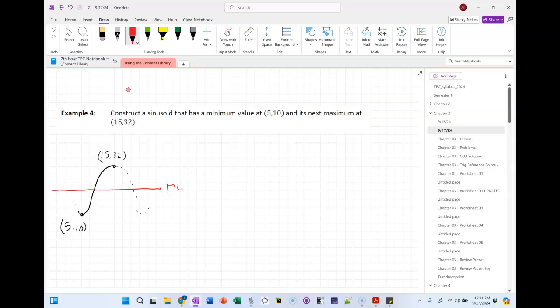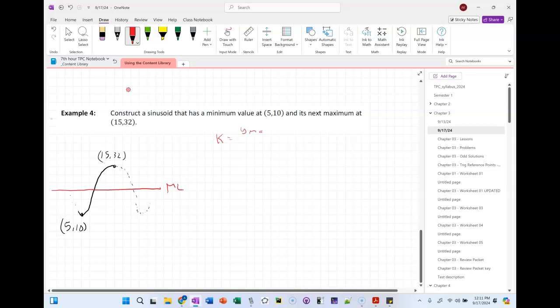That's what we just drew. So to do that, I can just take the average of the maximum y coordinate and the minimum y coordinate. So I get that k is 21.